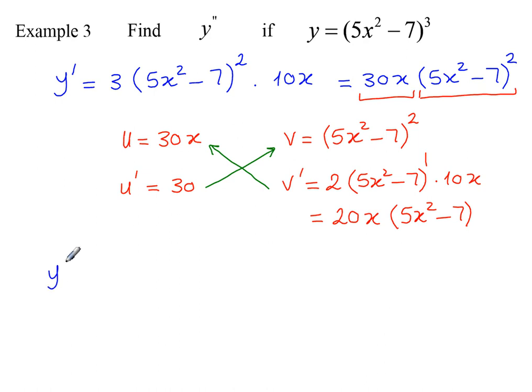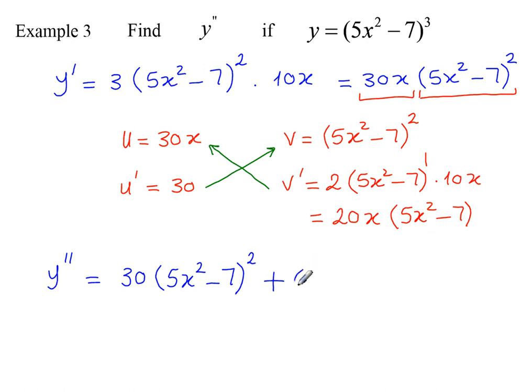So in this case, y double dash using the product rule would be 30 times 5x squared minus 7 all to the power of 2, plus v dash u, that is 20x times 5x squared minus 7 times 30x.